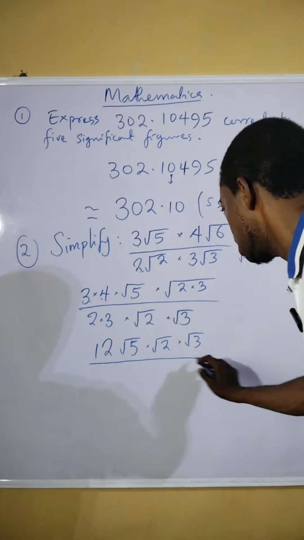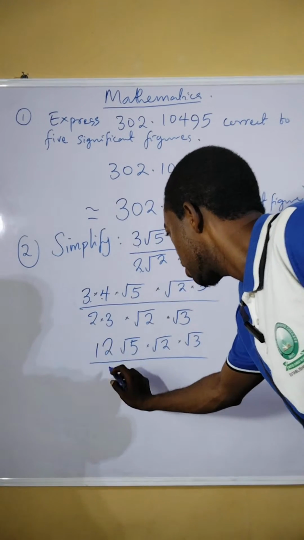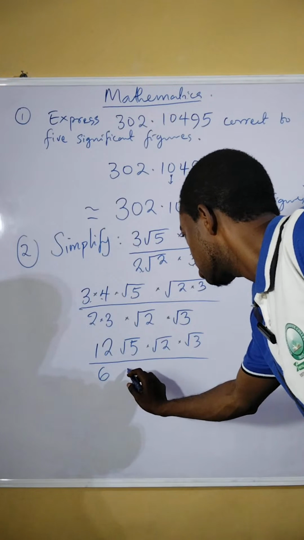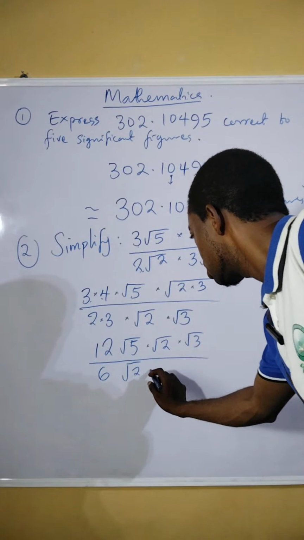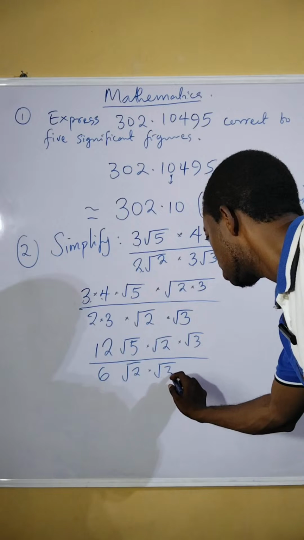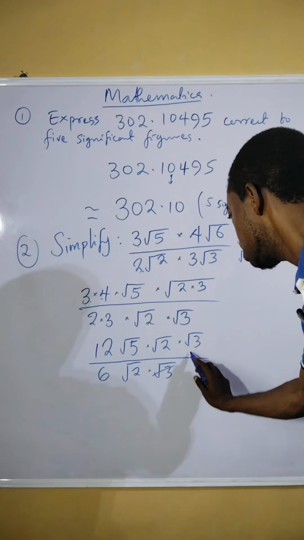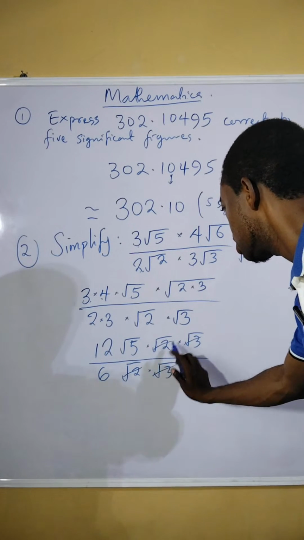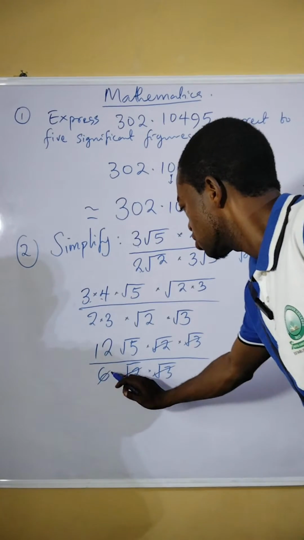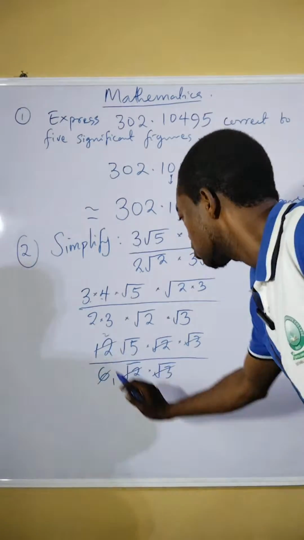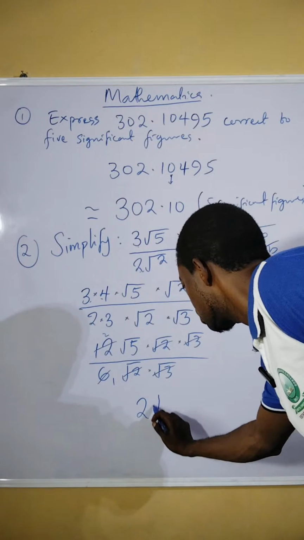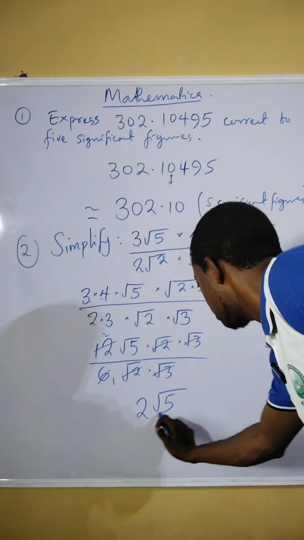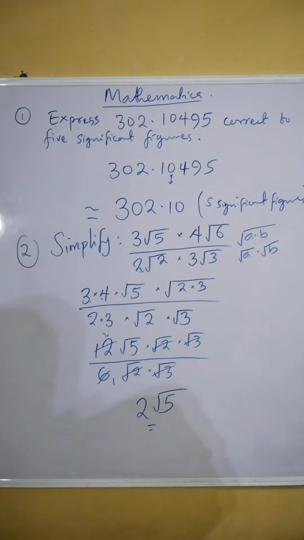Then over here we have 6, then root 2 times root 3. And here, root 3 cancel each other, root 2 cancel each other, and 6 goes here 1, 6 goes here 2. And the answer remains 2 root 5. So that's question number 2 for this class.